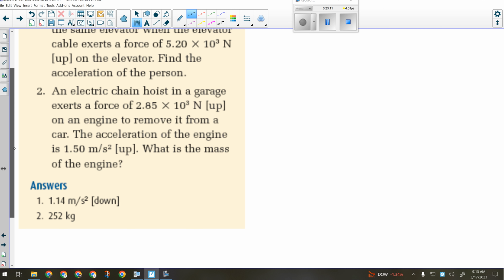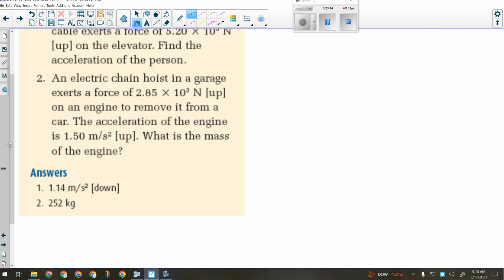Question number 2 is what we call a differential acceleration question. That makes it sound really complex, but it's much easier than the name would imply. I have this electric chain hoist that's lifting an engine out of a car. Engines are really heavy, and you usually need some sort of leverage or electric motor to lift them.